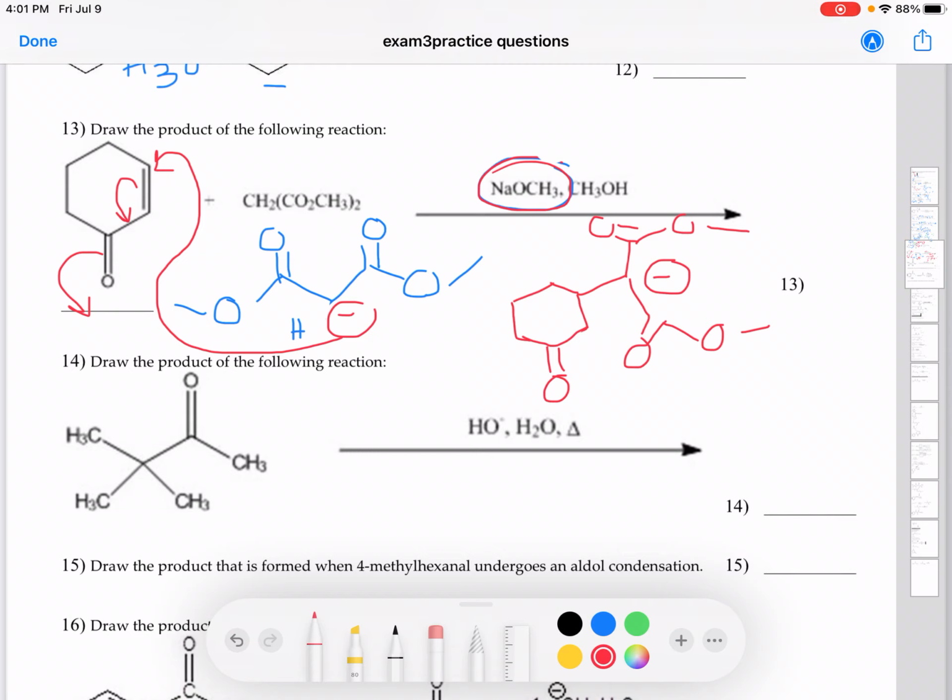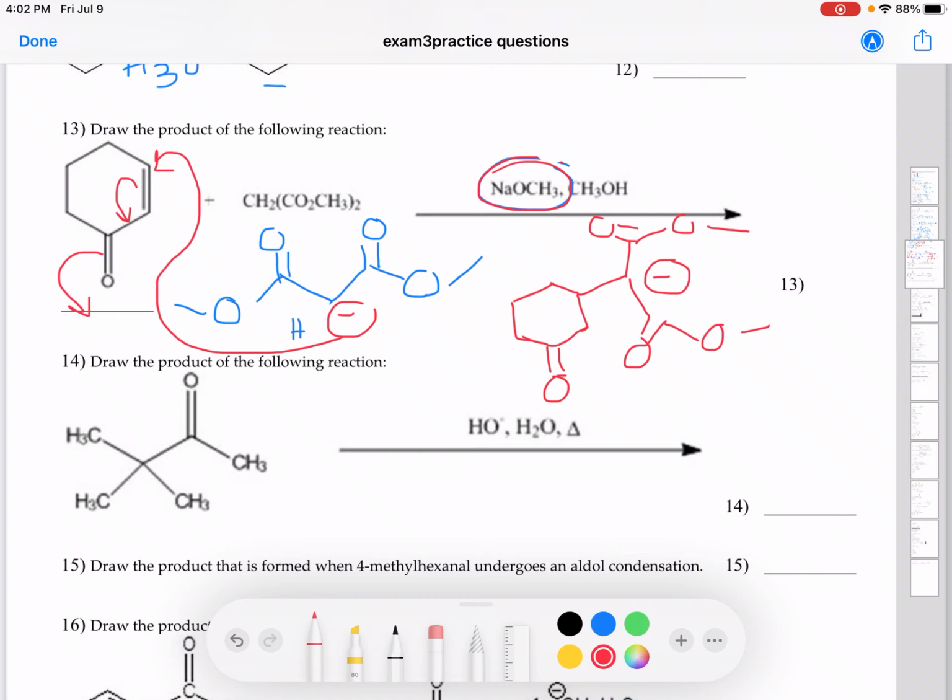Okay, so if it said it's just one equivalent of sodium methoxide, we could leave it without creating the negative ion, but since it did not tell us that it has one equivalent, when you have excess of base, it basically gives you that anion. Okay, so that's the product for that one.